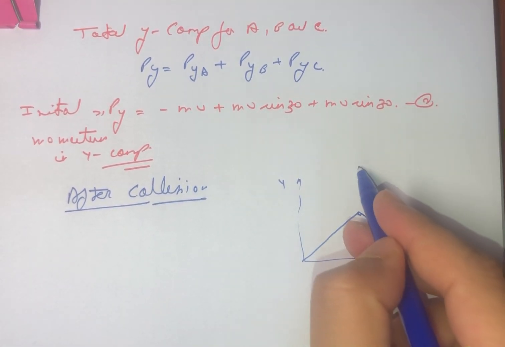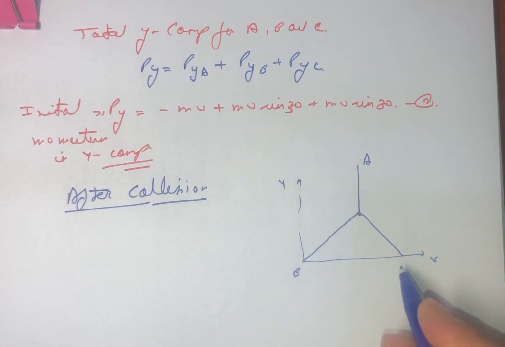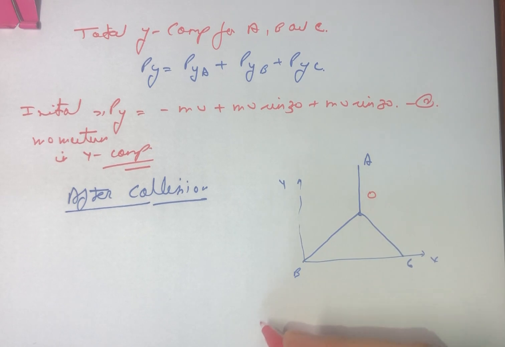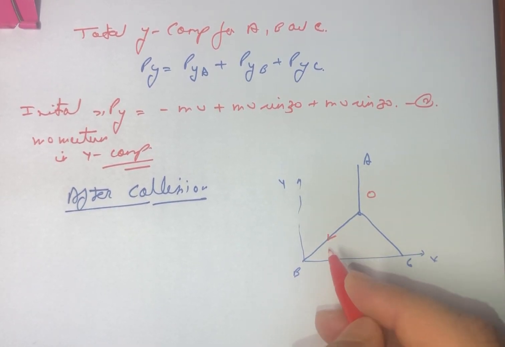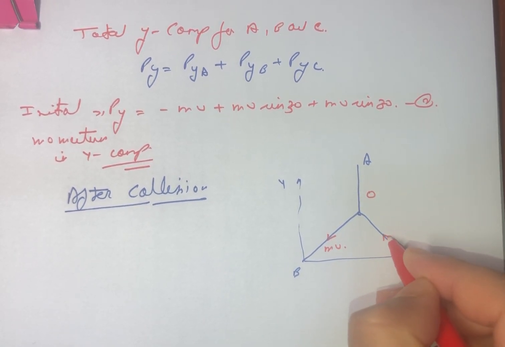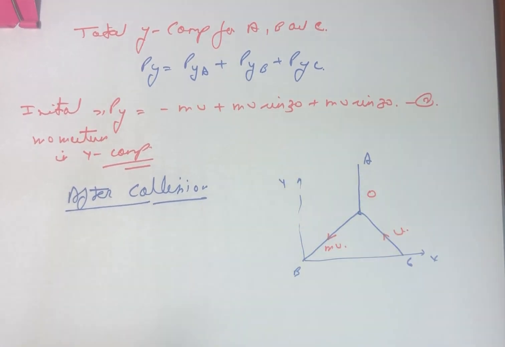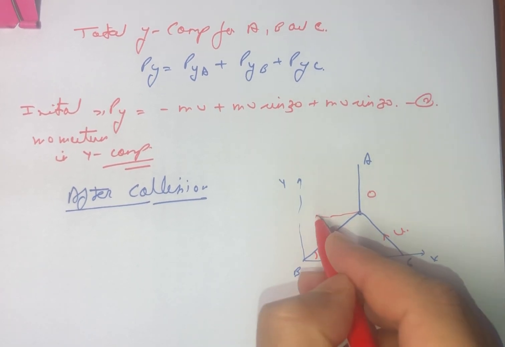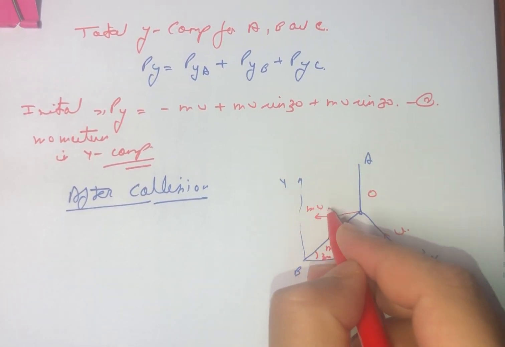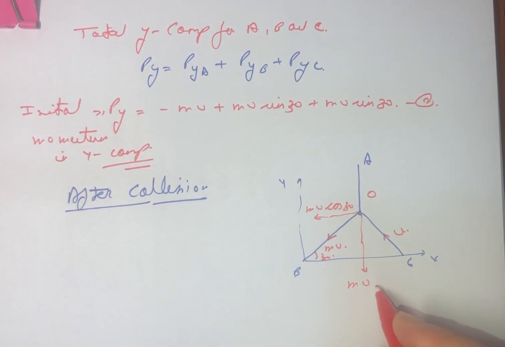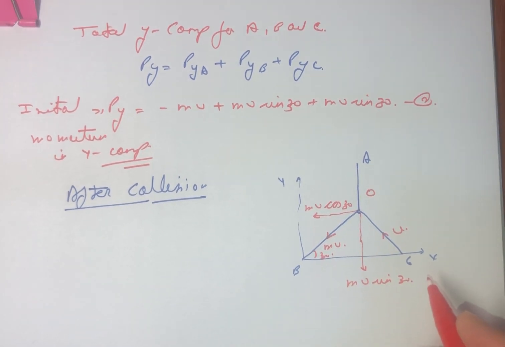Three particles A, B and C, and it is said that A comes to rest, so this is 0, and B retraces its path, moves back, so in this direction it will have mv, and C we are supposed to find out, so let us call that V. For B, this is 30, so this will be our mv cos 30, and this will be our mv sin 30.